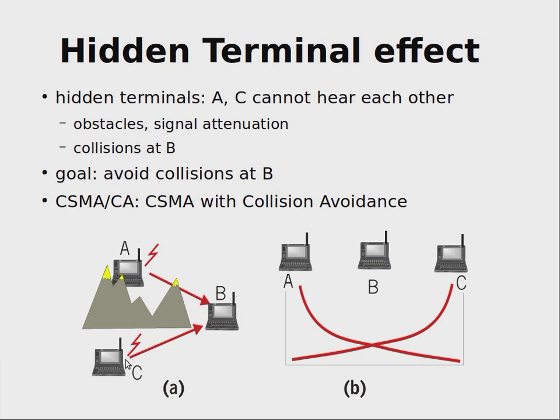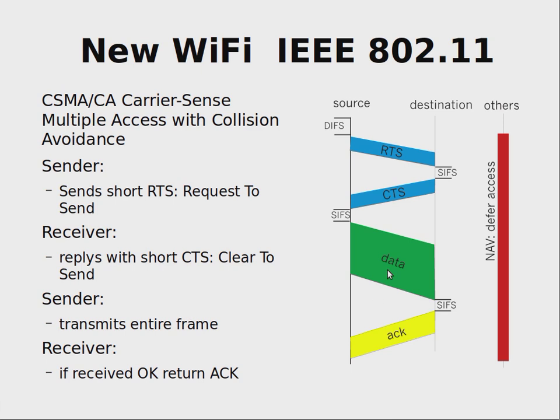So instead of sending actual data, C sends a request to send and A sends a request to send, and B of course responds with a confirmation to send only to A or only to C, and that works pretty nicely. The only problem is that it increases latency, because before actually sending data you have another round trip just to get confirmation that this particular device can send data to that particular device.